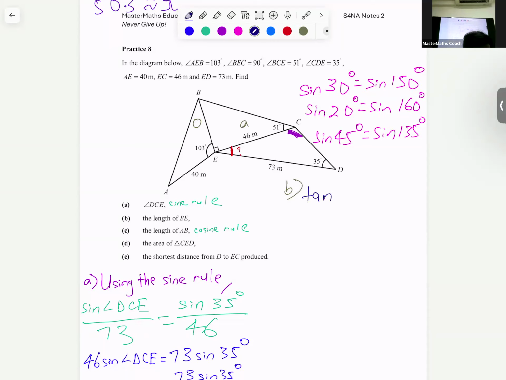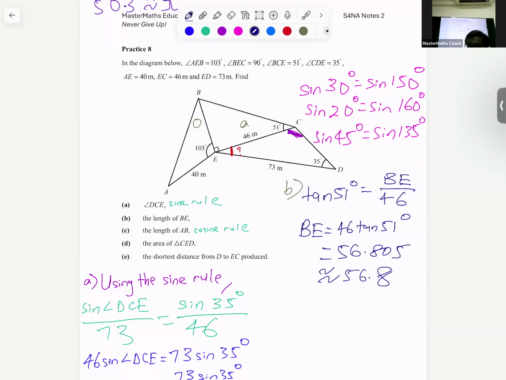So tangent of 51 degrees equals BE over 46. And BE equals 46 tangent 51 degrees, which is 56.805, round off to 56.8.